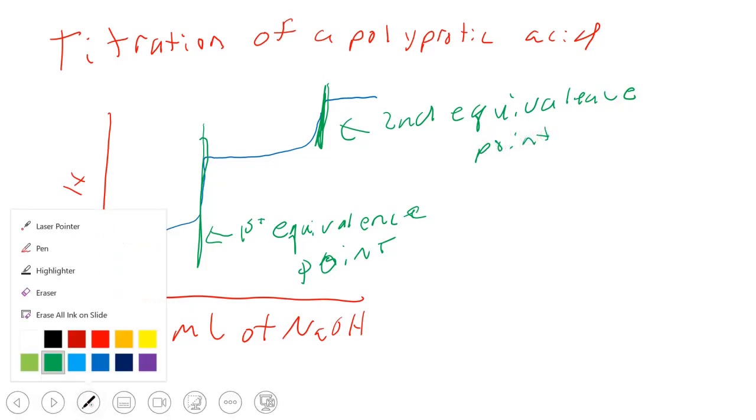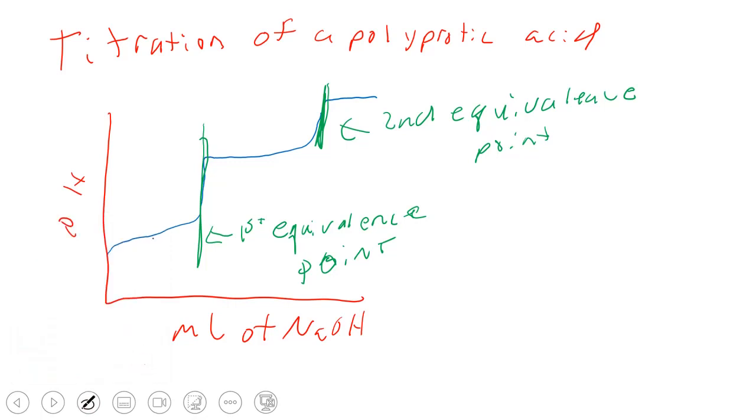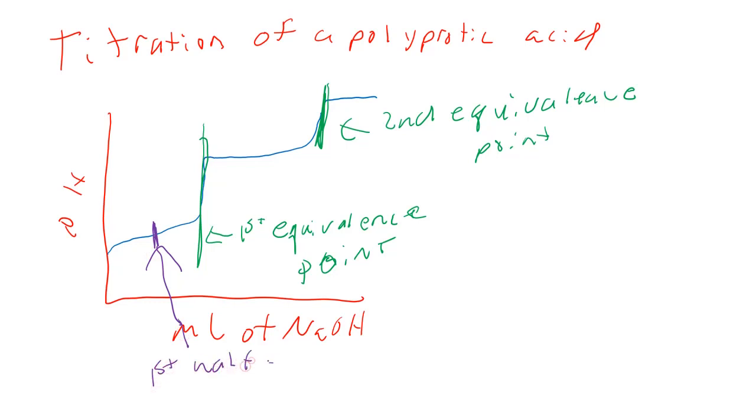As with your acetic acid, you will also have a half equivalence point. This is your first half equivalence point, and at that point, the pH equals pKa1.